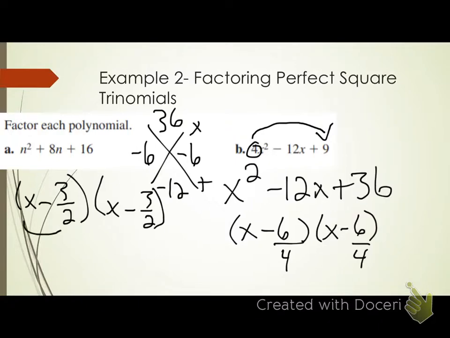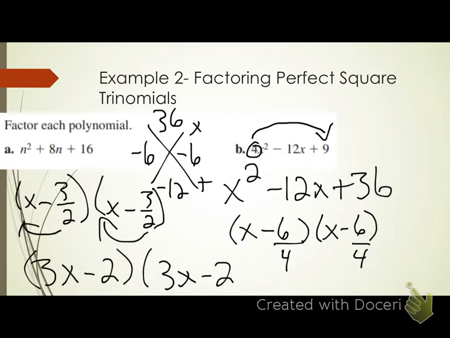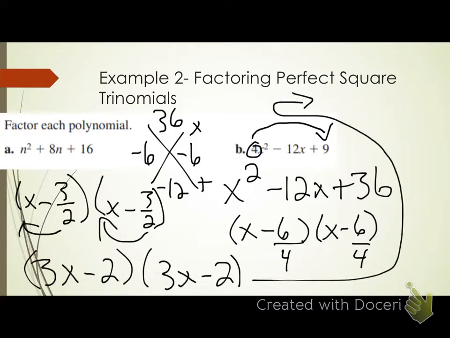Do your bottoms up for both of them. That'd give me 2x minus 3 times 2x minus 3, or 2x minus 3 squared. So once again, you get the same exact answer.